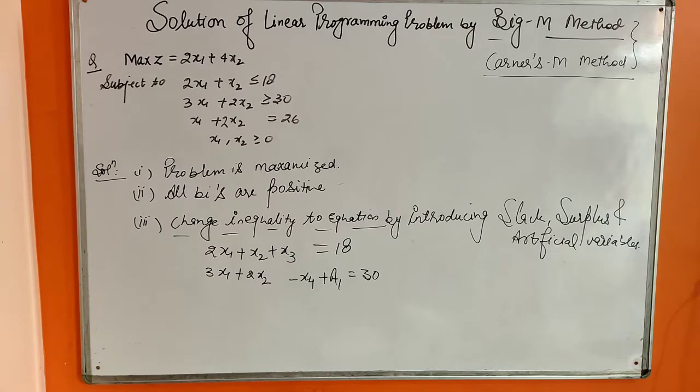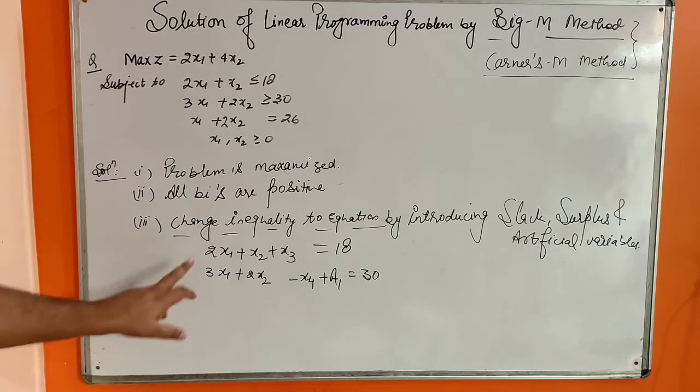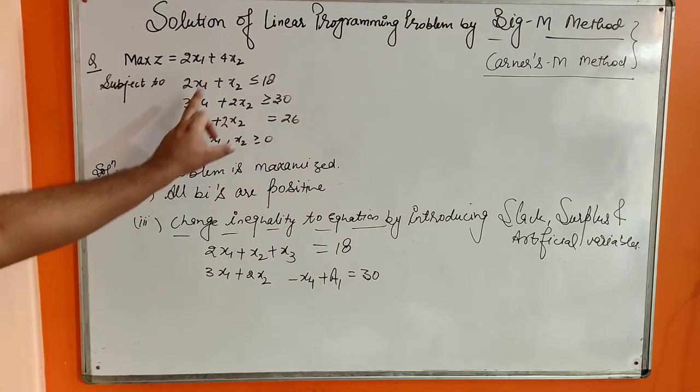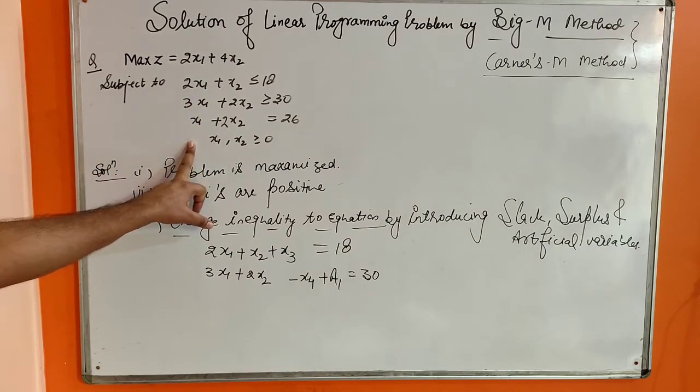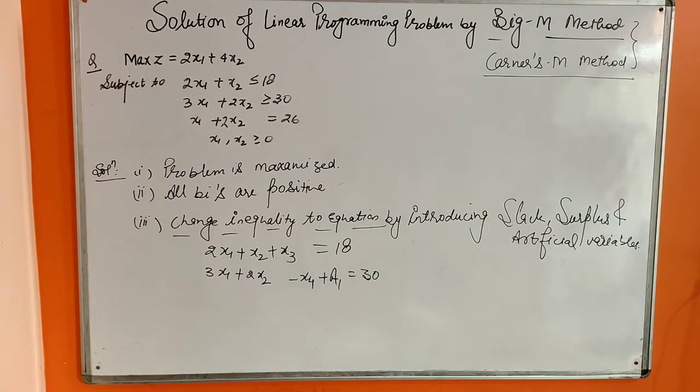Now for the third, x1, x2, x4 are remaining. x1 is in all three equations, x2 is also in all three equations. They are not part of the unit matrix. x4 can be part of the unit matrix if its coefficient is positive, but the coefficient is negative, so this cannot be part of the unit matrix.